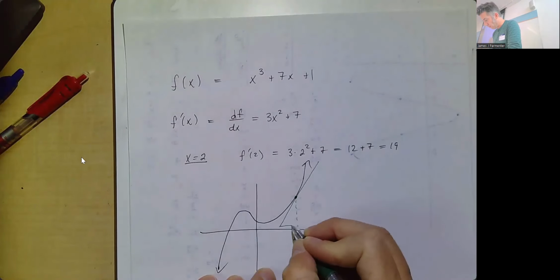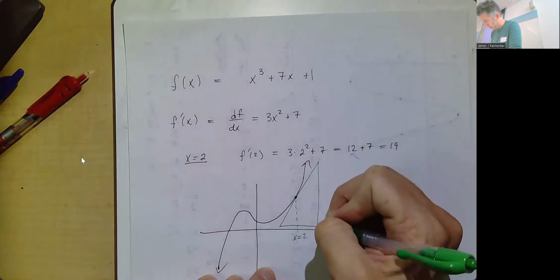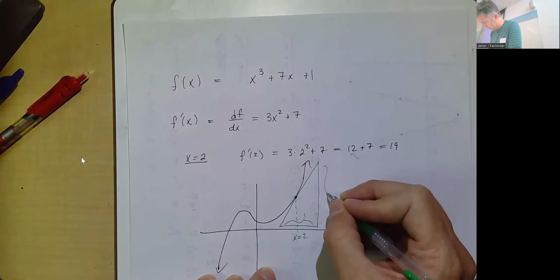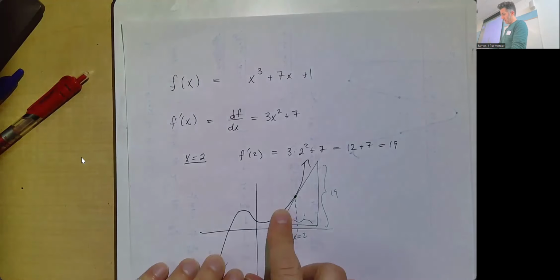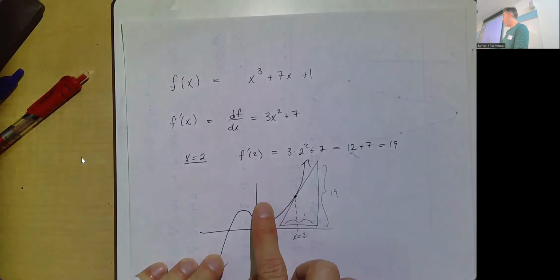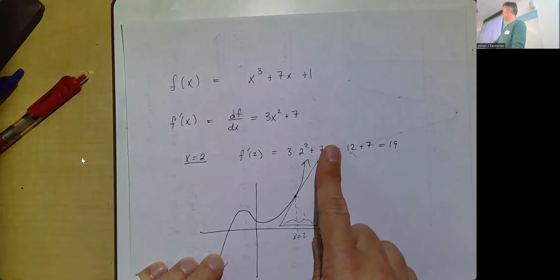Every 1 over, you go 19 up. I'm going to pretend like that's 1 and that's 19. But the more general idea here is that we're asking how the function is changing as x, or whatever input, is increasing. If x increased by 1, the function would increase by 19 at that exact moment.